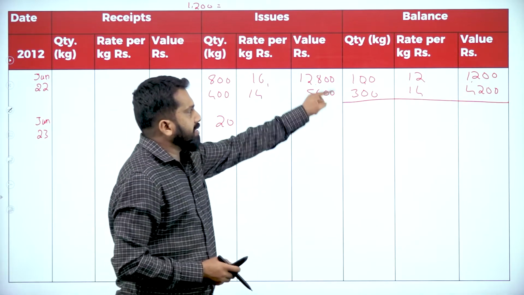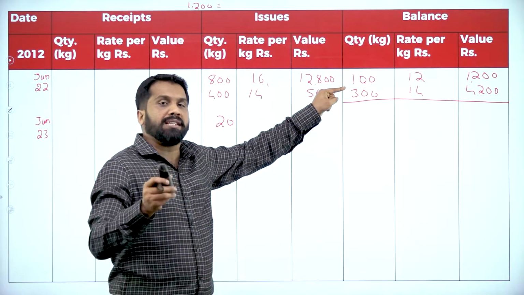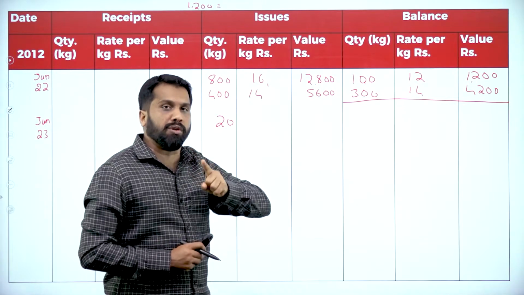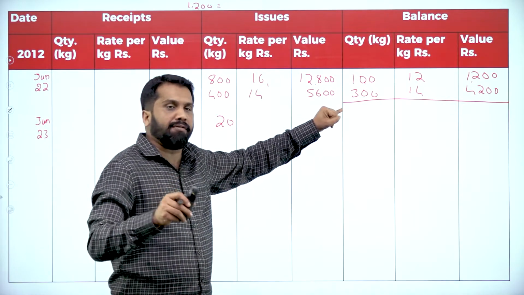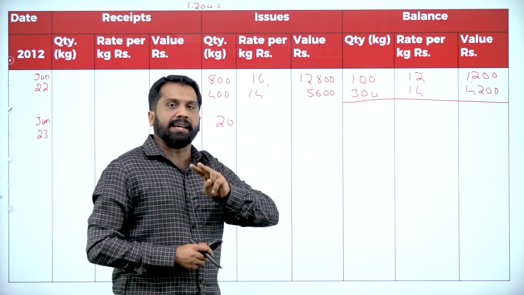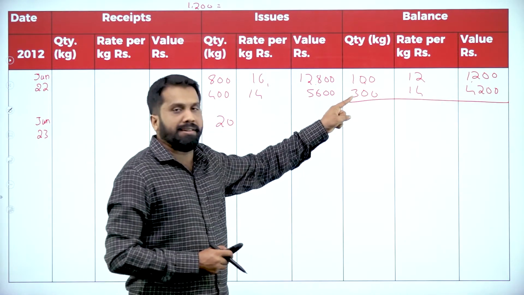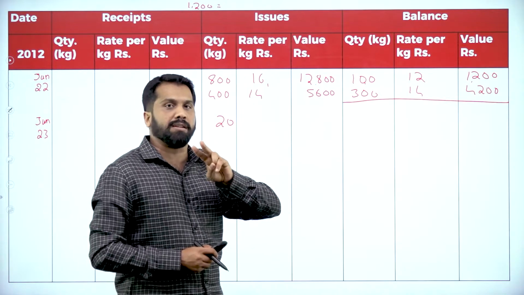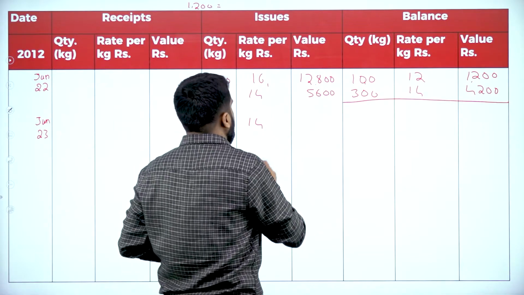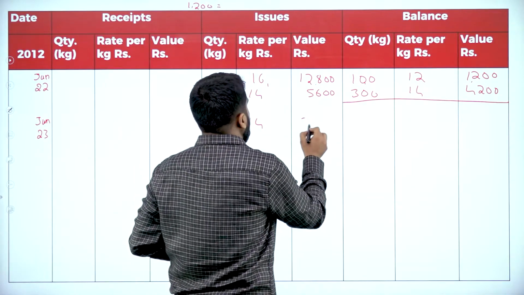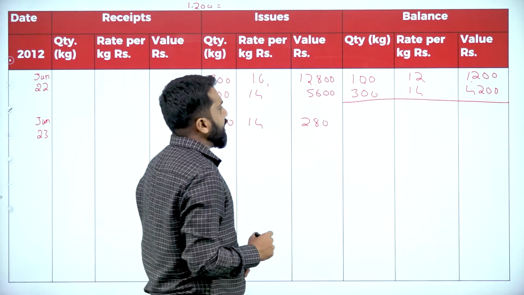There are two boxes. Which one should you go for? In case of LIFO, you should go for the second box. Out of 300, we need only 20. We have 14, so it will be 280.